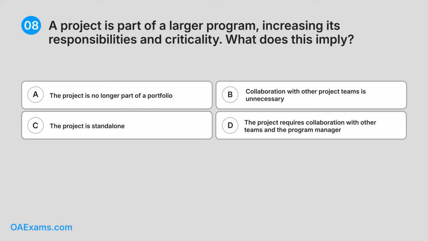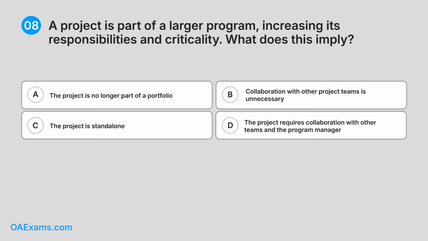8. A project is part of a larger program, increasing its responsibilities and criticality. What does this imply? A. The project is no longer part of a portfolio. B. Collaboration with other project teams is unnecessary. C. The project is standalone.